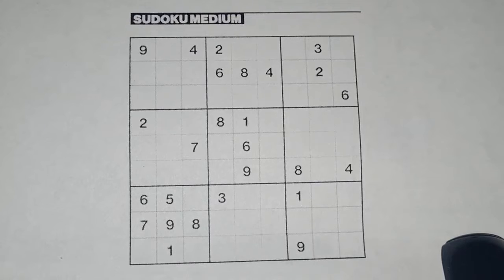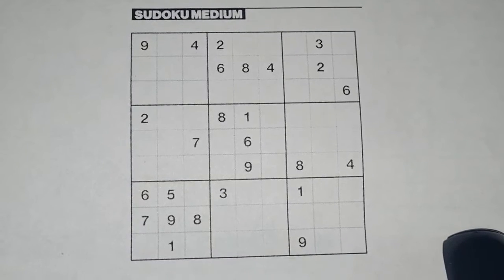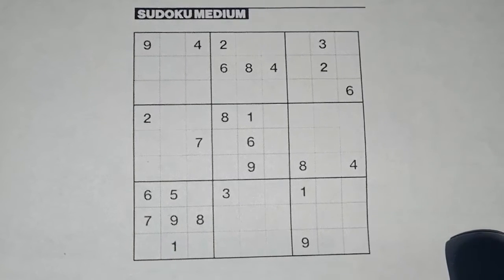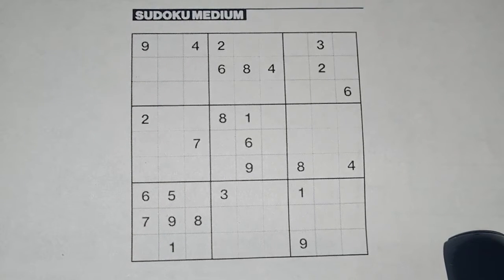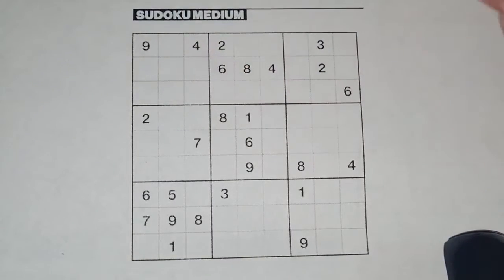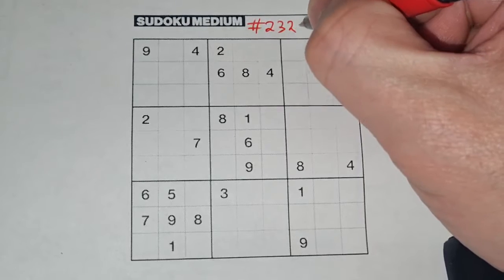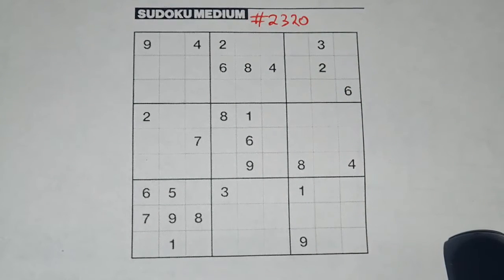So I need to download the puzzle, especially the Sudoku Medium. And this Sudoku Medium will be number 232320. And before I start, I always count the printed digits.